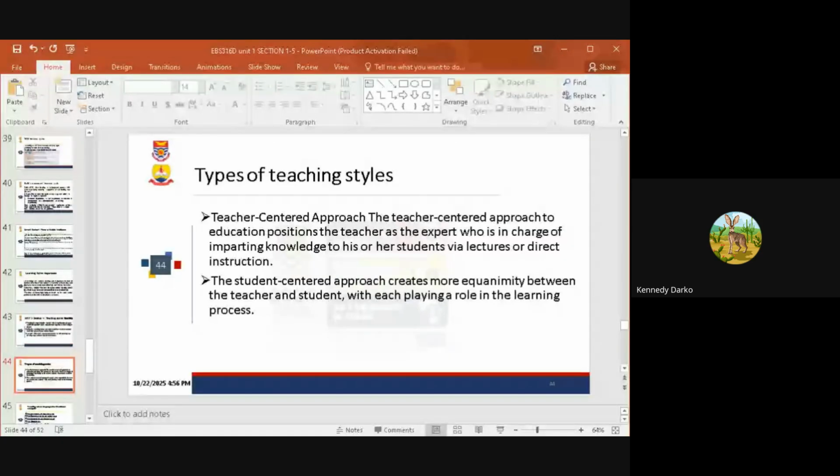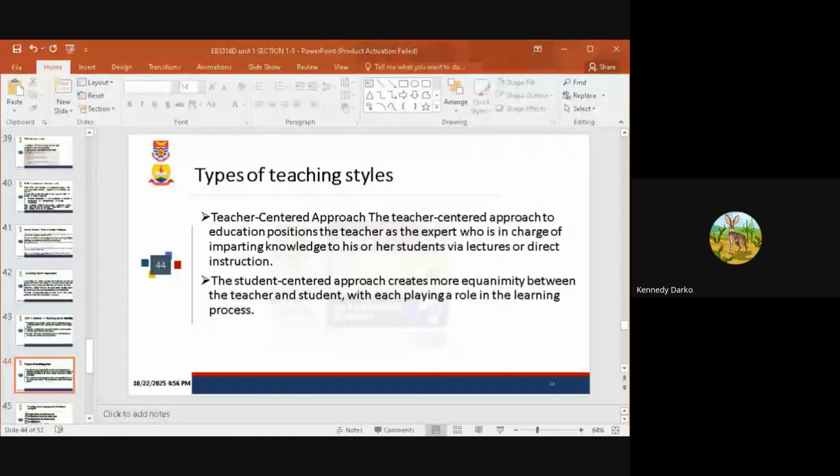So we have types of teaching styles. We have the teacher-centered approach. Here, the teacher is positioned as the expert who is in charge of imparting knowledge to his or her students. It could be in lecture form or direct instruction. Then we have the student-centered approach.